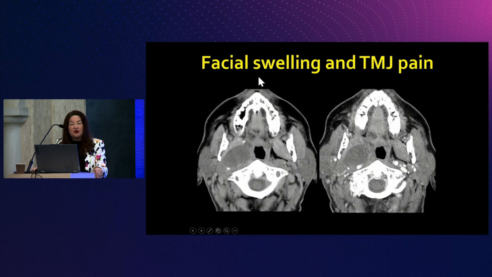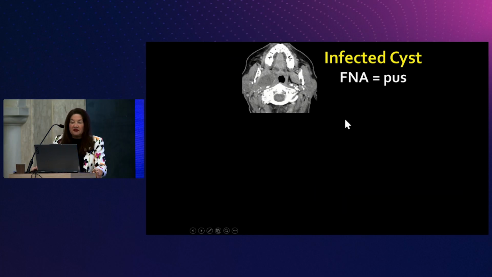Now, this was another interesting patient that got referred in for facial swelling and temporomandibular joint pain, and we'll see this large cystic mass in the prestyloid parapharyngeal space, elevating the pterygoid musculature. You'll see here the displacement of the oropharynx, and again, another picture of the mass here. So this is an infected cyst.